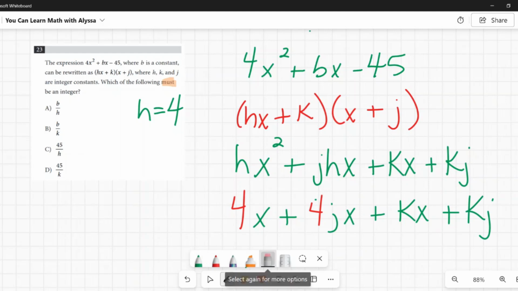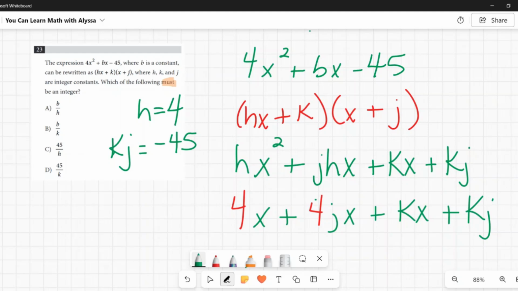The next one is this last one, k times j. There's no x. That must be -45. And I know they're both integers, right? So I know k times j equals -45.